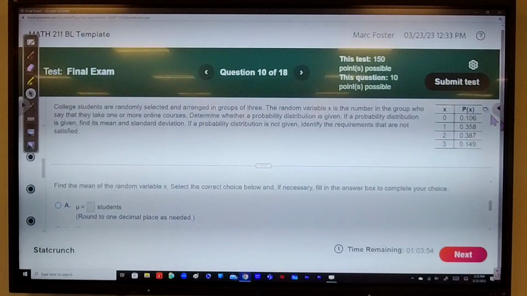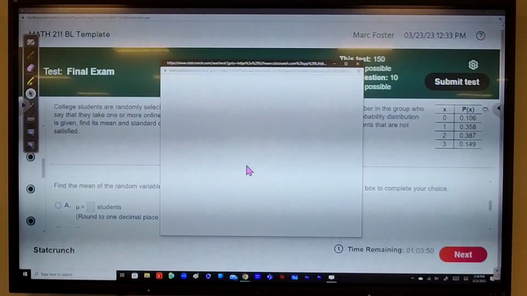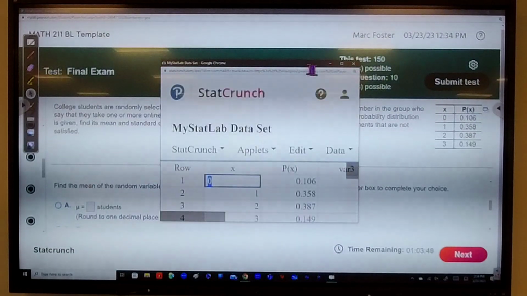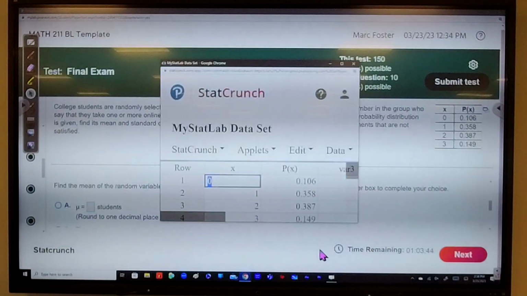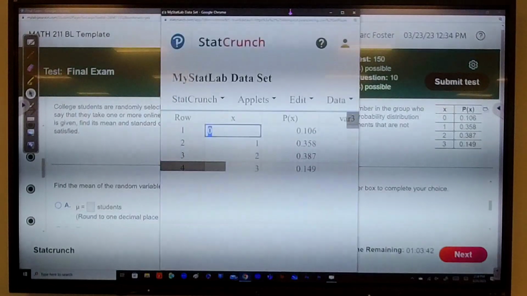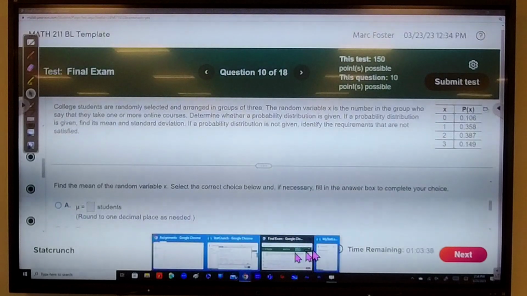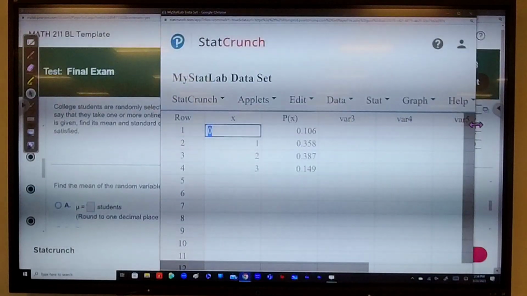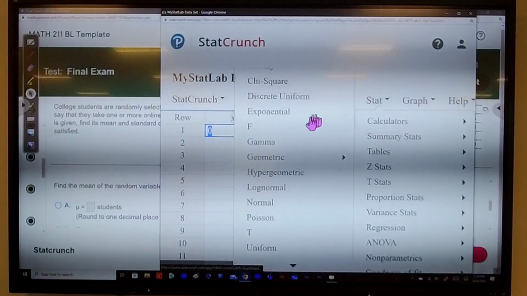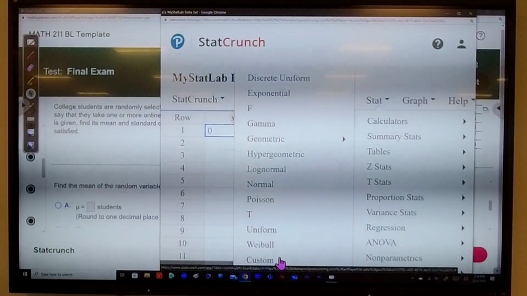However, we're going to go to the custom calculator. So I'll open in StatCrunch. Stat calculators, custom, all the way at the bottom.